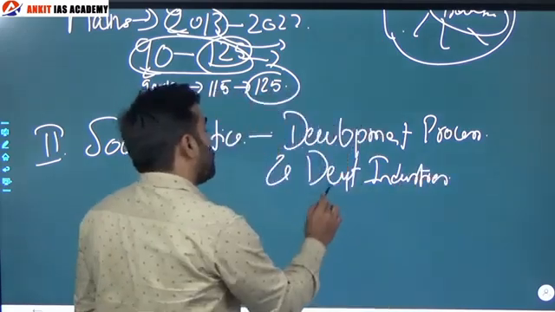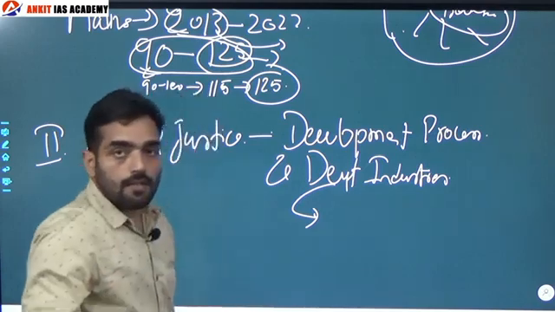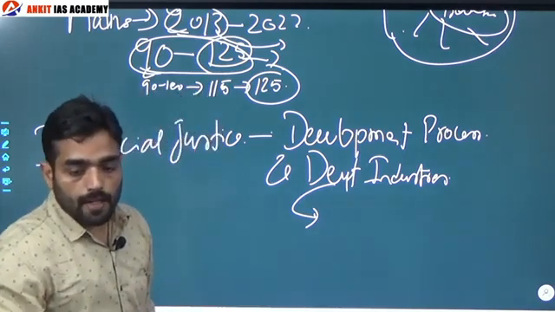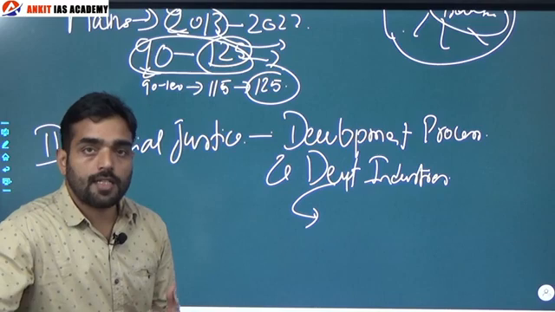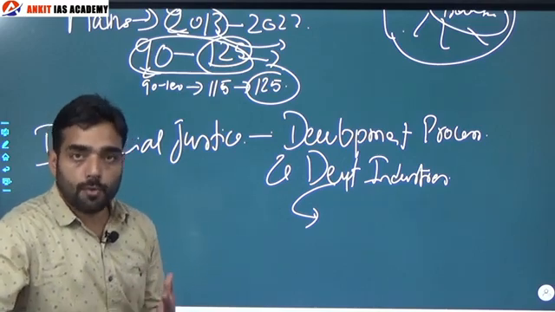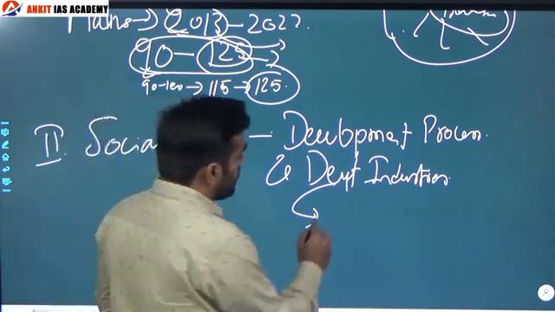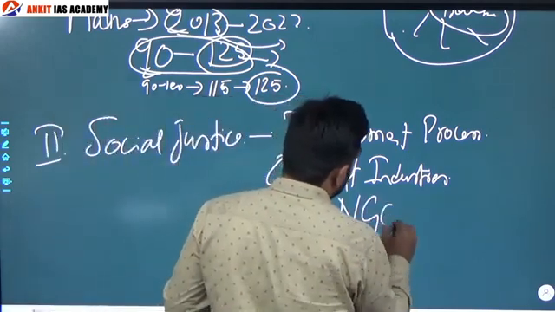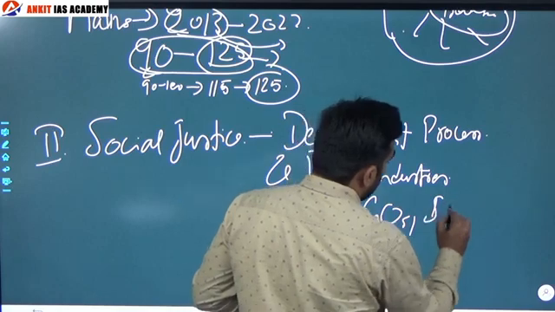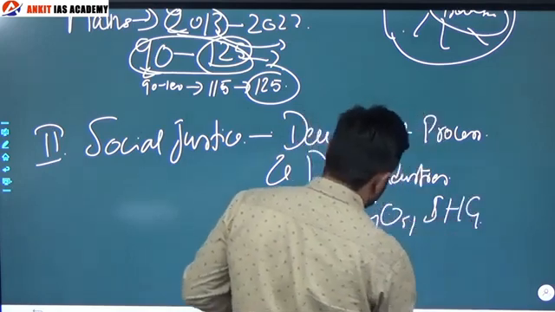Development industries means all the stakeholders that are relevant in the development of the country. So there are NGOs, self-help groups, donors, charities. The most important in this is that of NGOs, self-help groups, civil society.